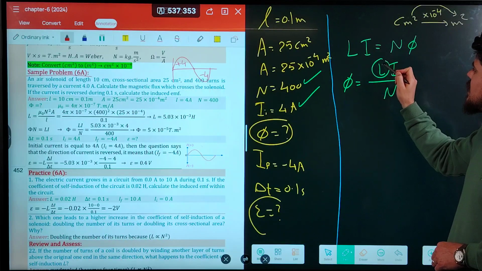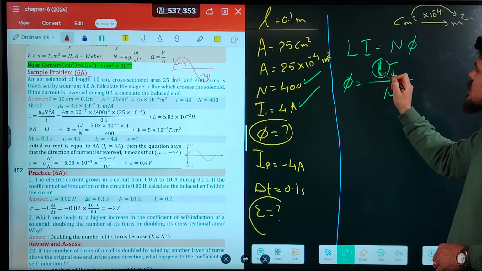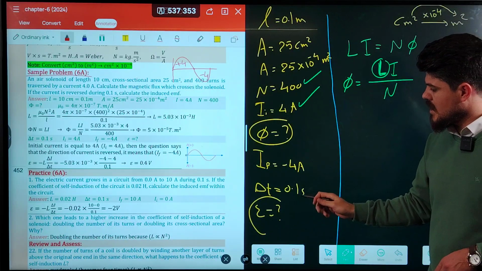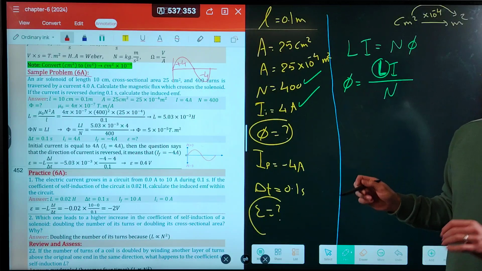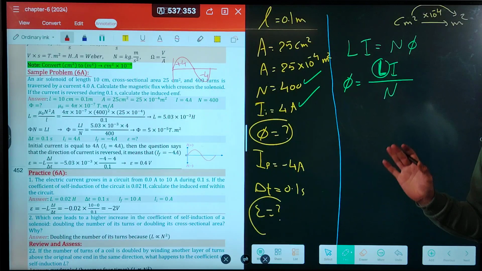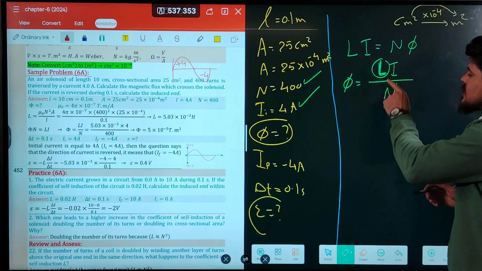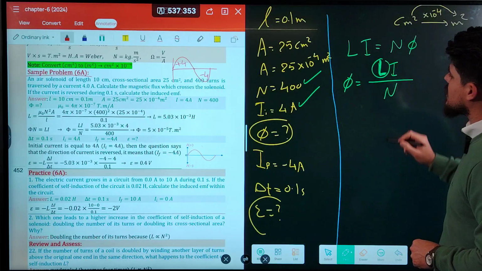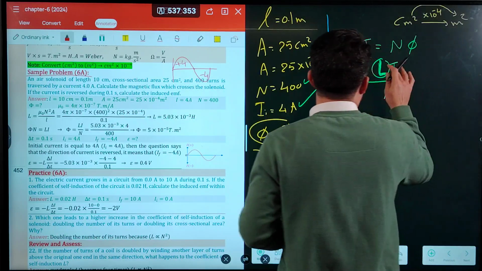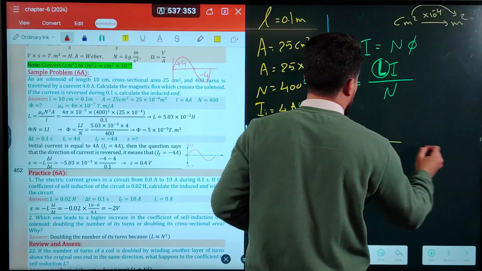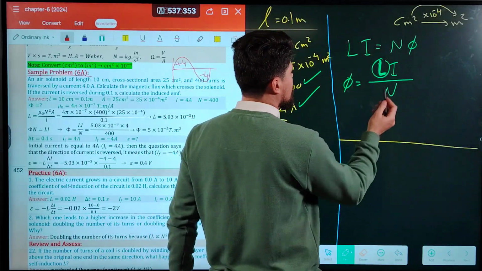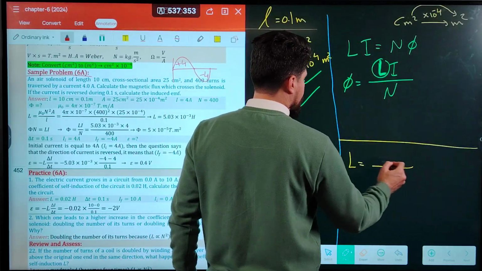Do we have L? Guys, this is not the length of the solenoid. Be careful. This capital L is the coefficient of self-induction. Without the coefficient of self-induction, we cannot determine the magnetic flux. How can we determine the coefficient of self-induction?